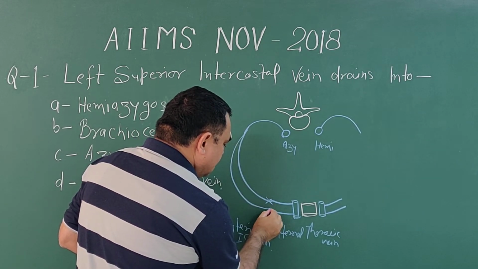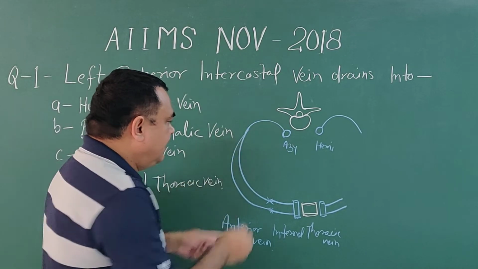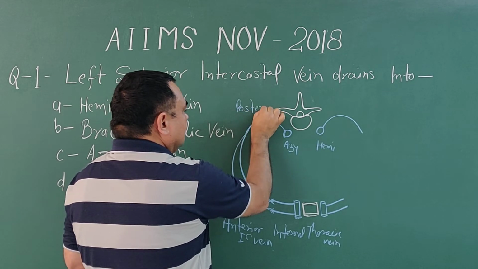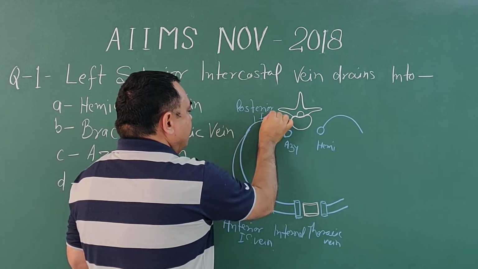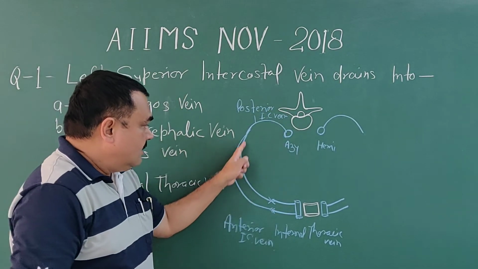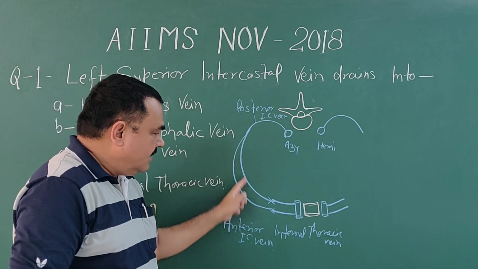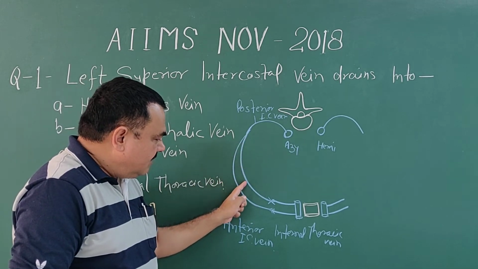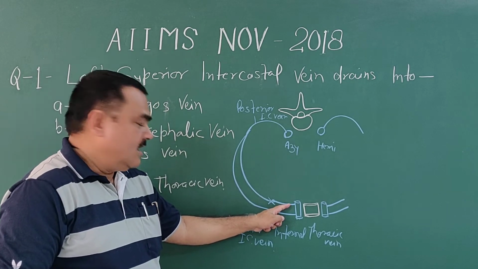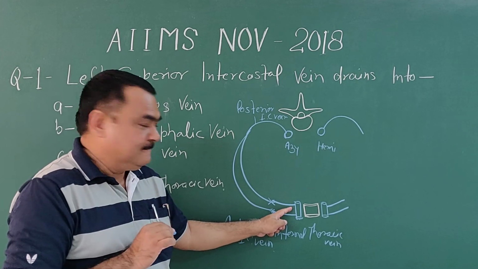So here this posterior intercostal vein gives a collateral, and the posterior intercostal vein itself anastomoses with the upper anterior intercostal vein of the space.